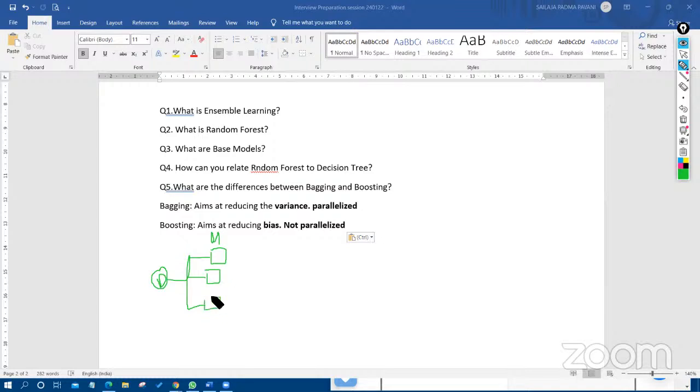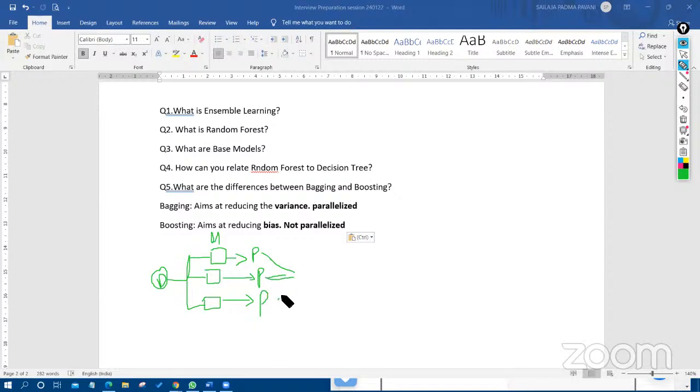From this model you are getting some predictions. You may call them P1, P2, like that. In bagging, by comparing all these individual models, you are going to take the best one.